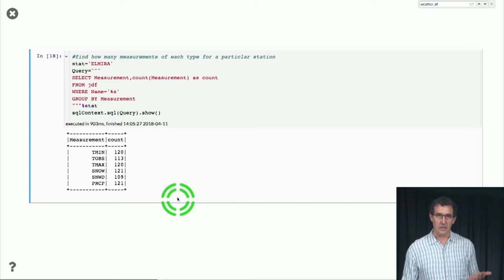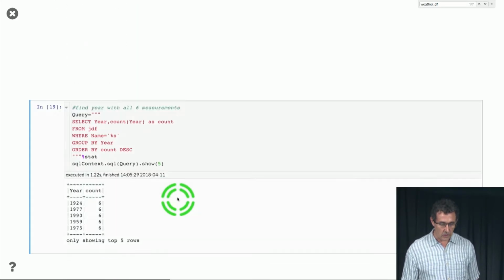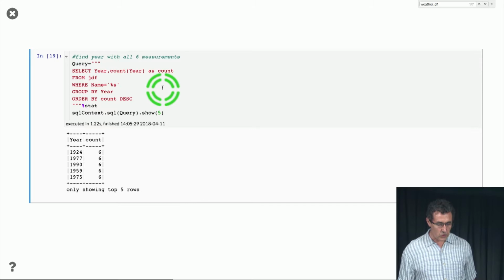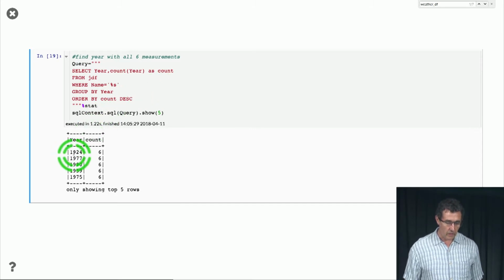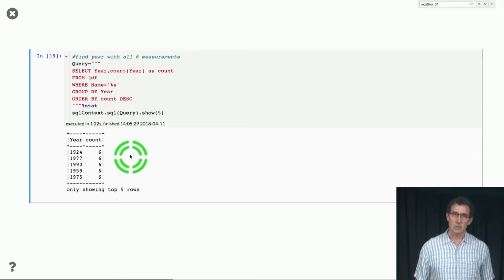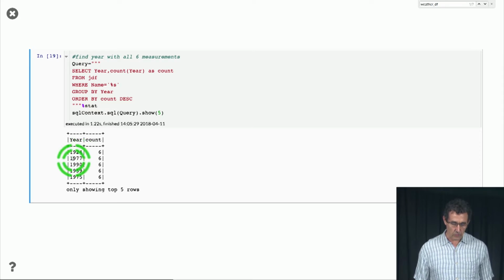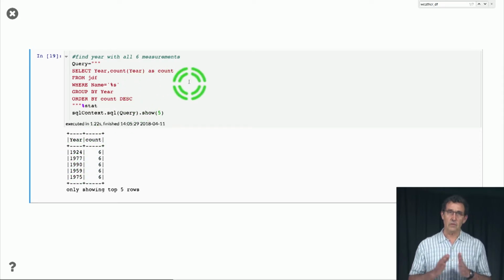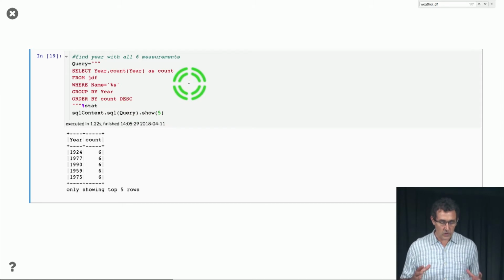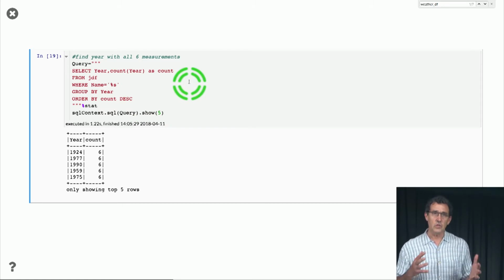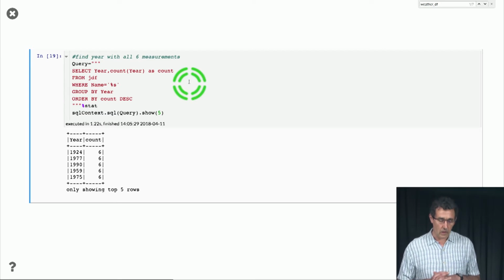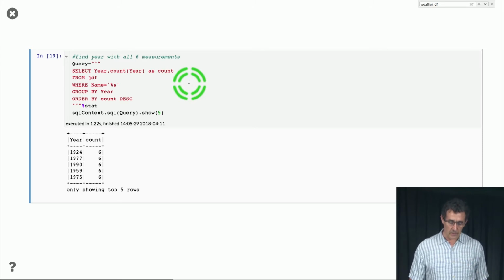But that doesn't necessarily mean that they're all on the same year. So we might want to also check which years we have with all 6 measurements. Okay, so this is 1924, 1977, 1990. For this station, you have the full array of measurements. And in general, we try to identify which parts of the data are dense, for which we have a lot of data, so we can draw statistical conclusions.